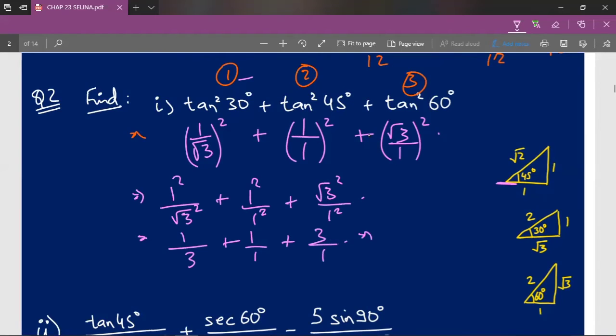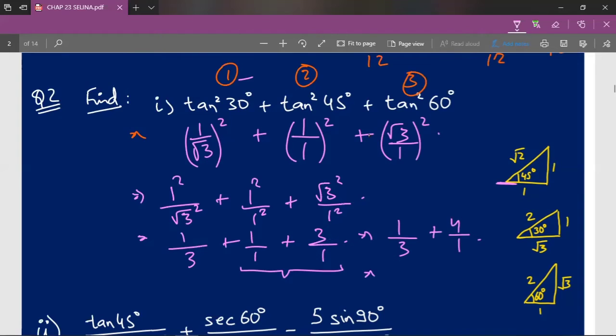Now here in this fraction our denominator is equal. So therefore I'll leave 1 upon 3 as it is, and I'll solve this part of the fraction. So therefore 3 plus 1 is 4, so it can be simply written as 4 upon 1.